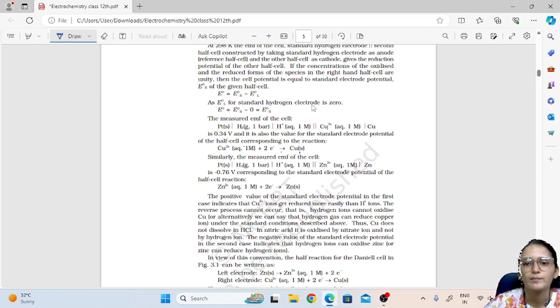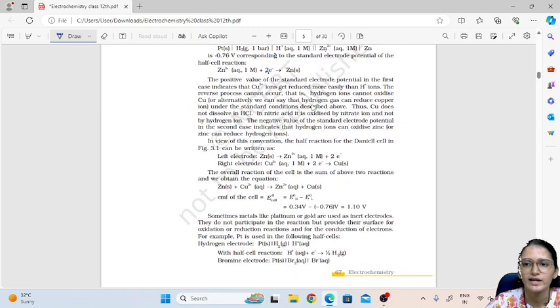That's why hydrogen is kept at the left hand side and copper is placed at the right hand side. Similarly we can measure the EMF of the cell H2, H plus and zinc 2 plus and zinc. Here zinc is losing electron and hydrogen is gaining electron.